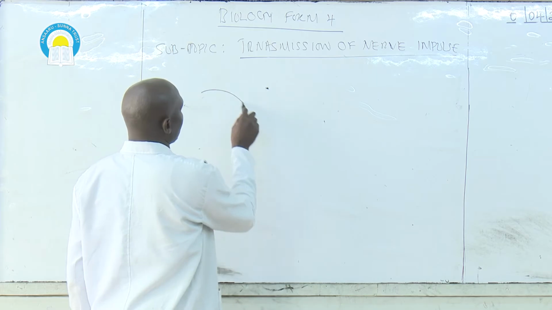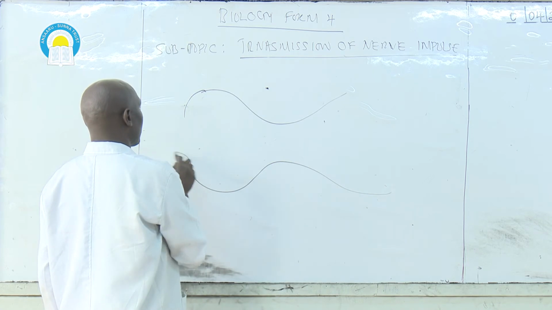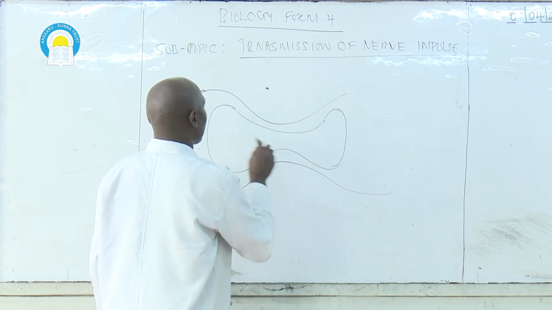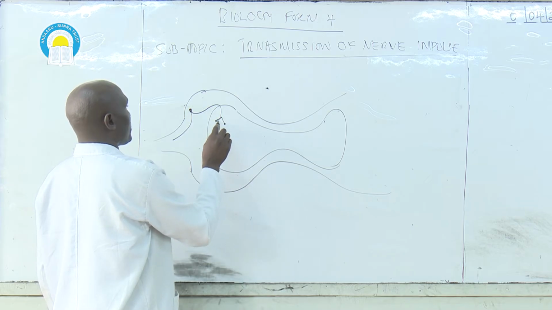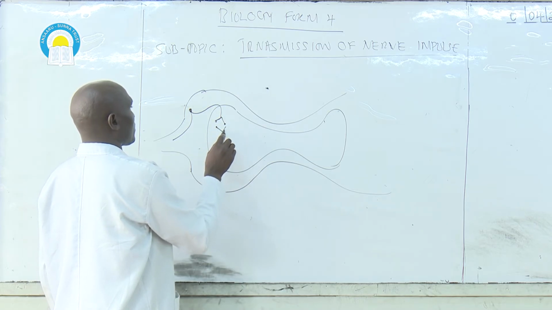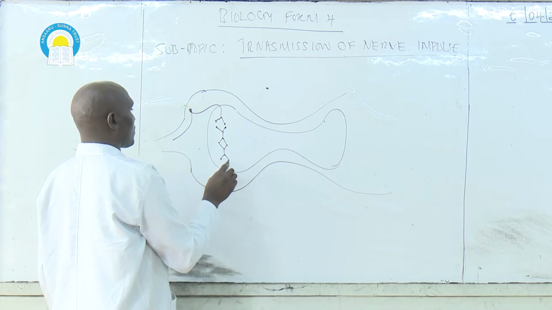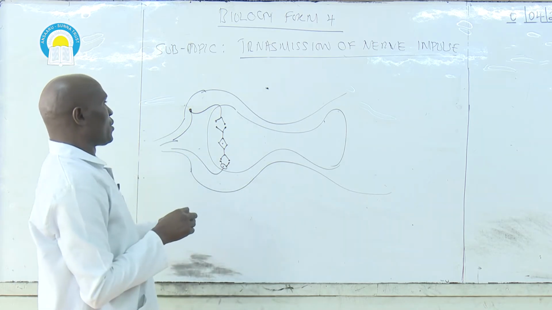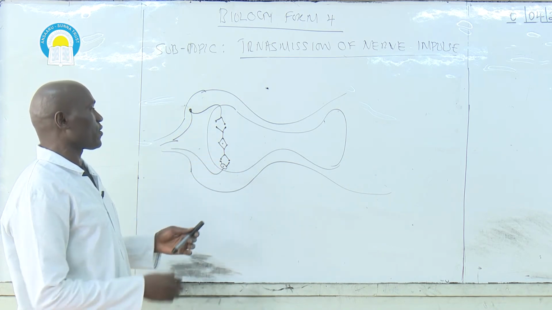As a reminder, if this is the section of the spinal cord, sensory neuron over there, its dendrites, so the upper part here is sensory neuron, intermediate neuron, motor neuron.